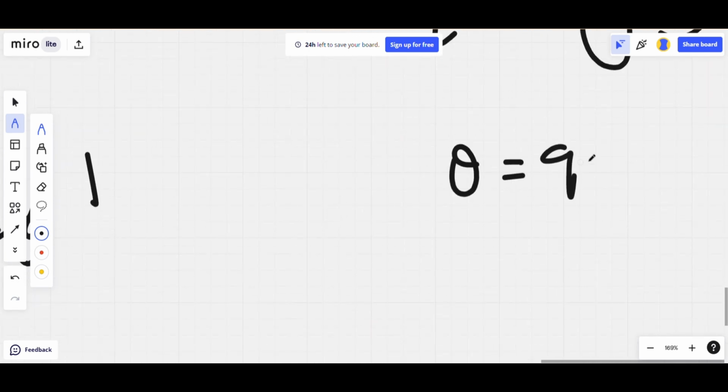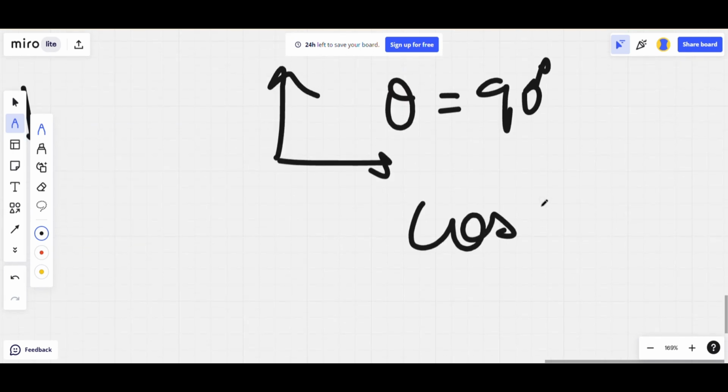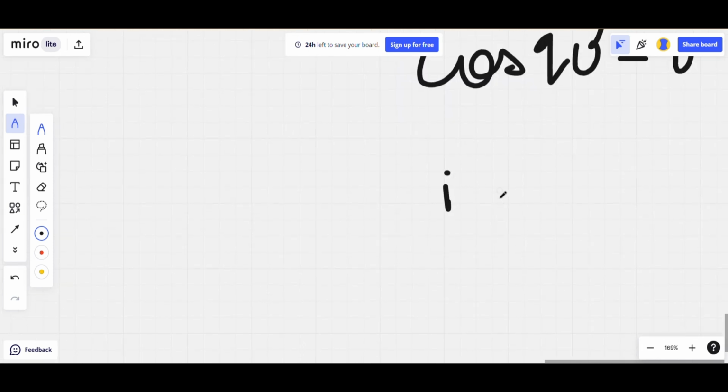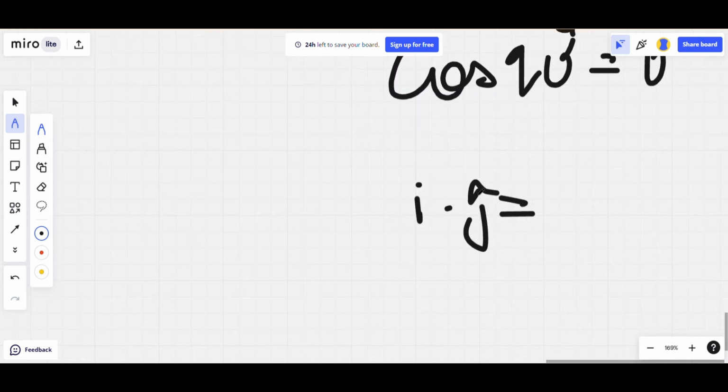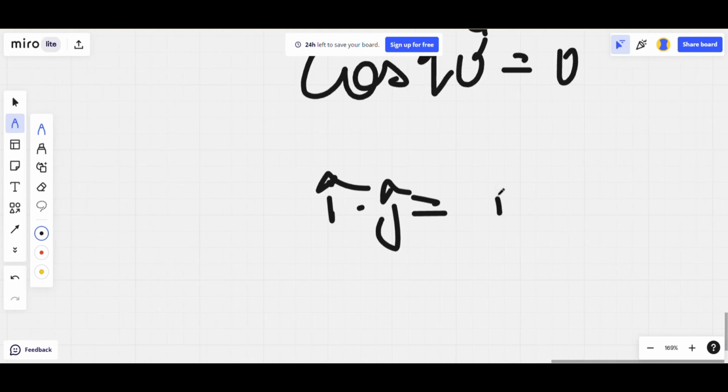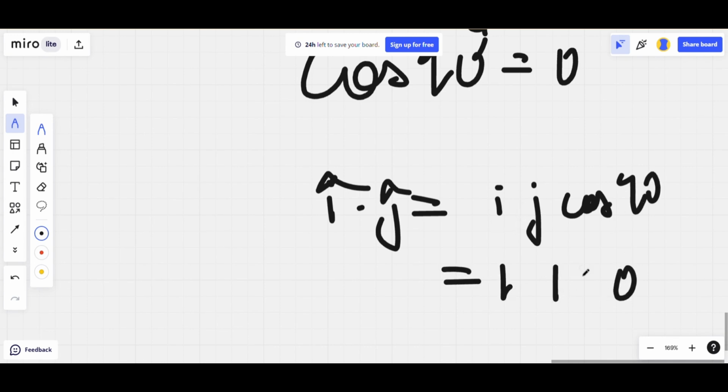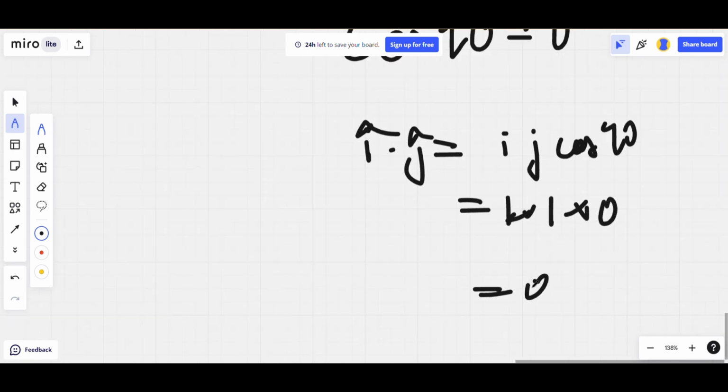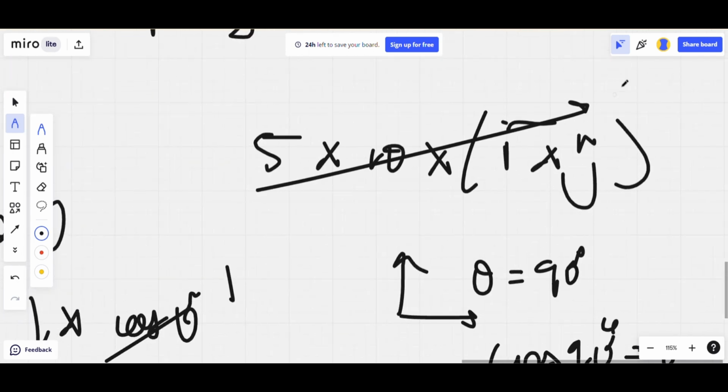Theta would be 90, because i is in this direction, j is in this direction. So what is cos 90? It's nothing but 0. So i dot j would be i magnitude, j magnitude, cos 90. It doesn't matter what these magnitudes are, both are 1, but cos 90 is 0, so this whole quantity becomes 0.